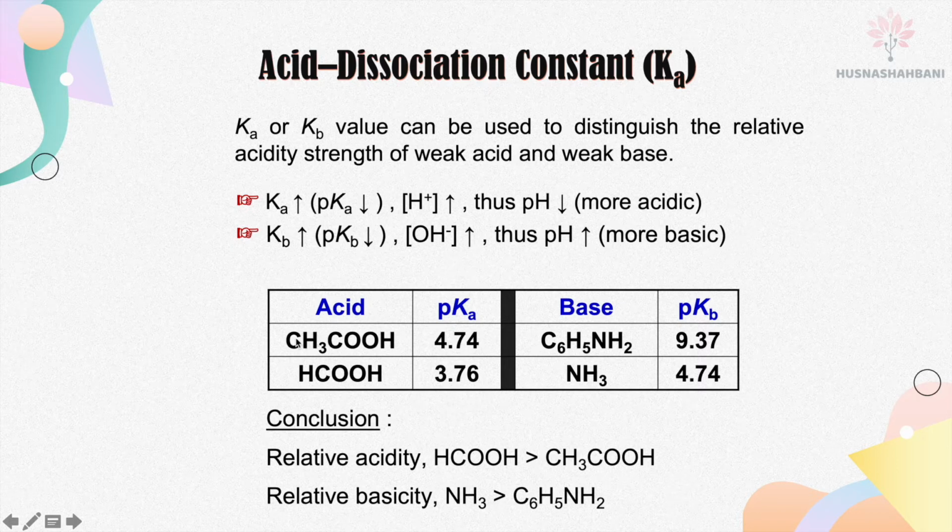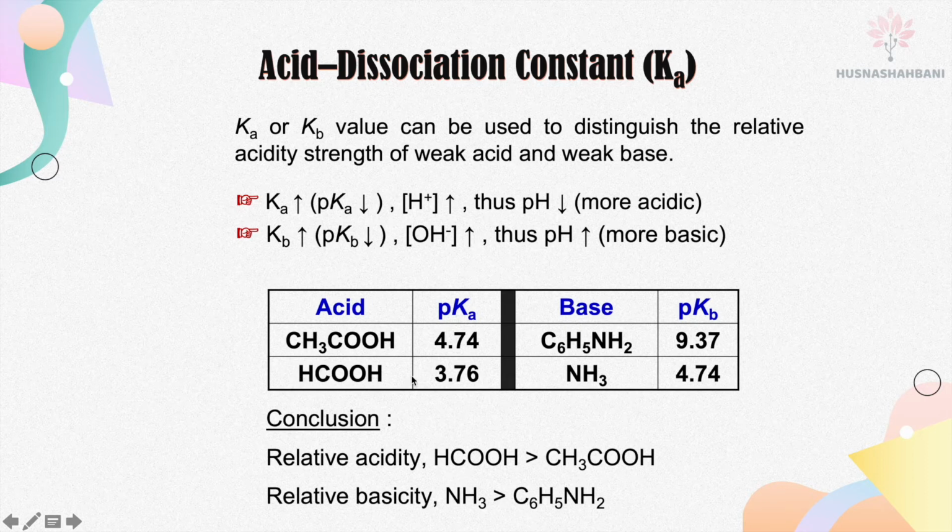For example, ethanoic acid has a pKa value of 4.74 and methanoic acid has a pKa value of 3.76. So the pKa value of methanoic acid is lower than that of ethanoic acid. When the pKa is lower, the Ka value is higher in HCOOH. A higher Ka means lower pH, so this is more acidic.